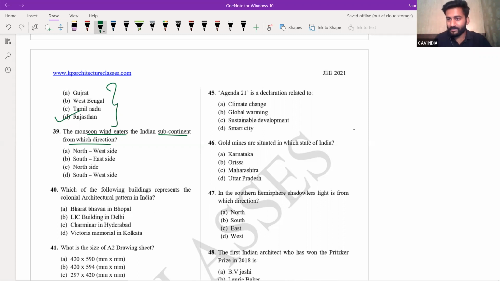And then they say that the monsoon has now entered Kerala, and it will reach northern India by this date. So you can think, okay, what is the location of Kerala with respect to the directions? And you will see it's in the southwest. That is a guess, but a calculated one based on some kind of knowledge or evidence. So that can also give you the right answer.